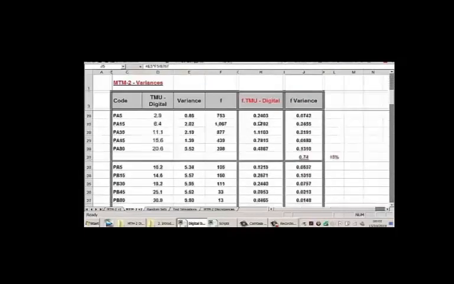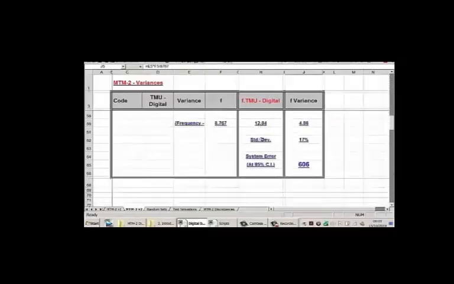By then going right to the bottom of the page, we see the sum totals for TMU value, which is again the 12.84 figure for the mean TMU value, and a total variance of 4.86 TMUs.